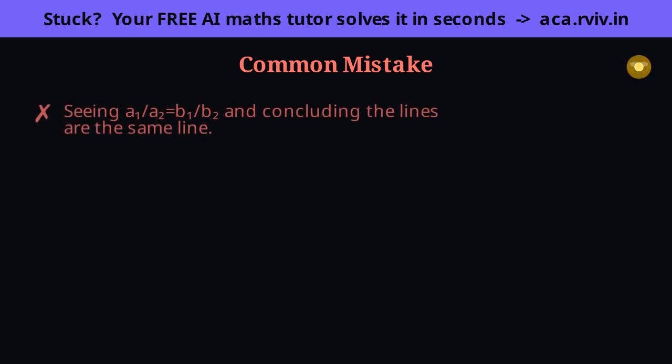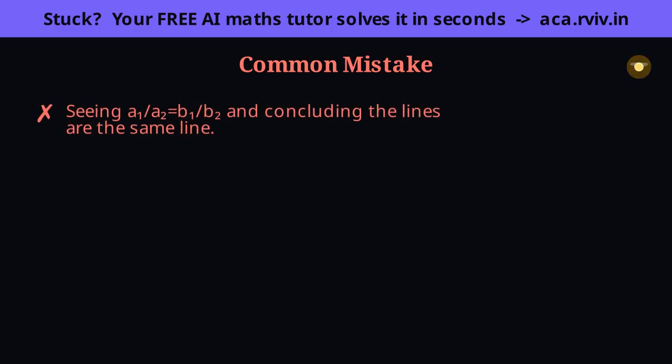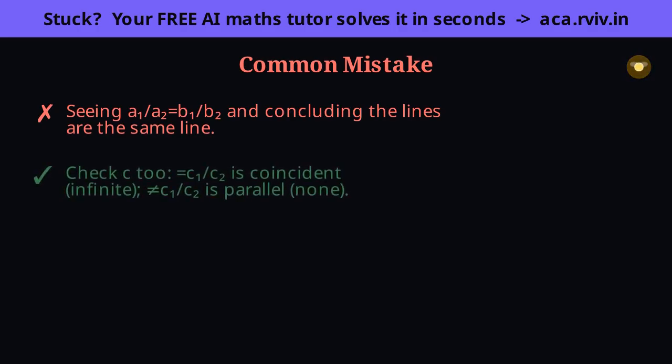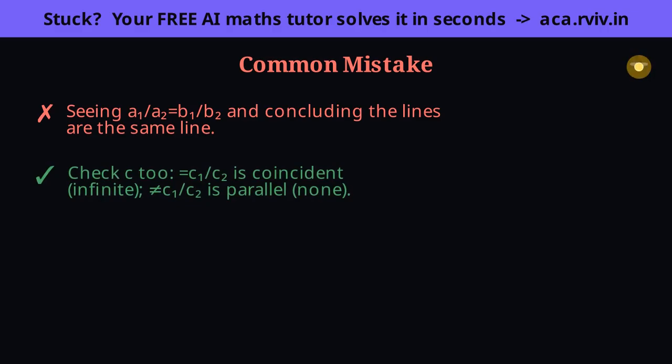So always check C. If C also matches, the lines sit at the same height and coincide, infinitely many solutions. If C is different, the lines are at different heights, merely parallel, and there is no solution. That single ratio is the difference between everything and nothing, so never stop at A and B.